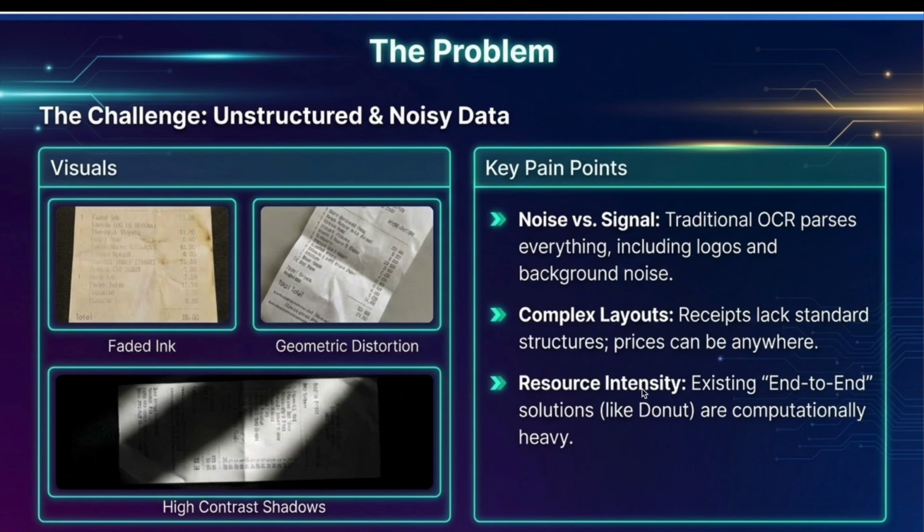And then third, resource intensity. Existing end-to-end deep learning solutions like Donut require massive data sets, tens of thousands of images, and heavy computational resources that aren't practical for most applications. This motivated me to develop a hybrid approach that balances accuracy with efficiency.